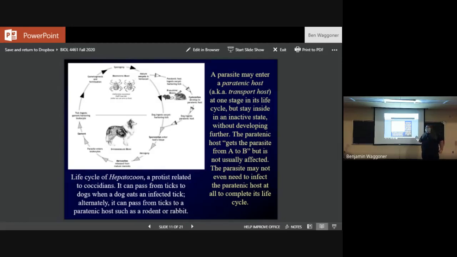On the other hand, if the tick parasitizes a rodent or a rabbit or something like that, the parasite can inhabit the rodent or rabbit. Hey, I'm a poet and I didn't know it. The parasite can inhabit the rodent or the rabbit and then pass into the dog when the dog eats the rodent or the rabbit. In that case, the rodent or rabbit would be a paratenic host. The parasite catches a lift in the rodent or the rabbit, but does not do it a great deal of harm.